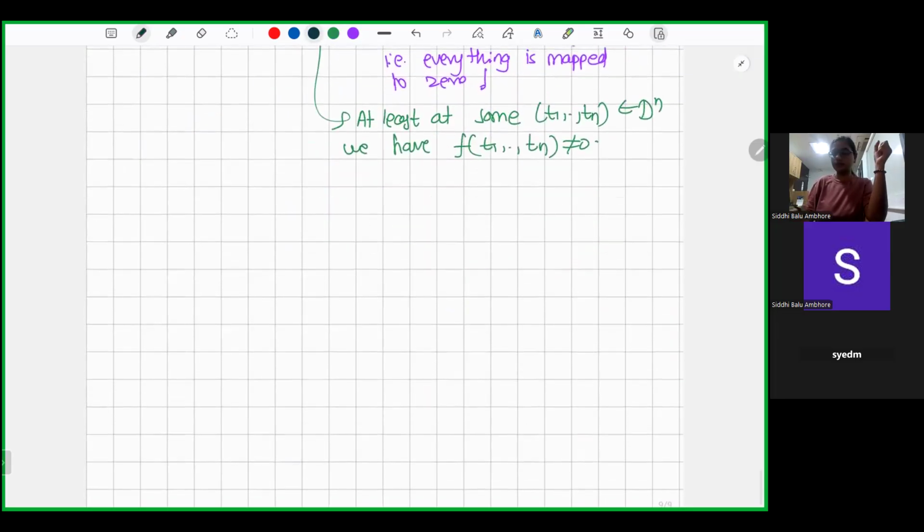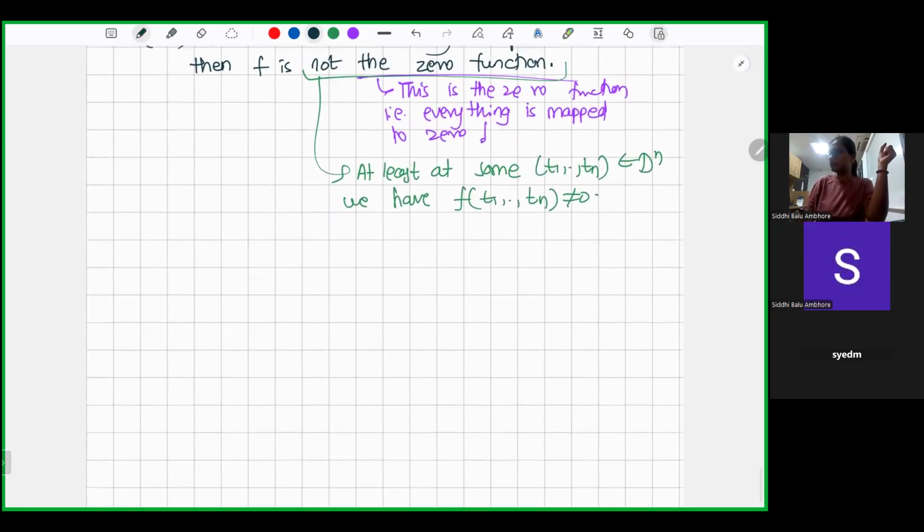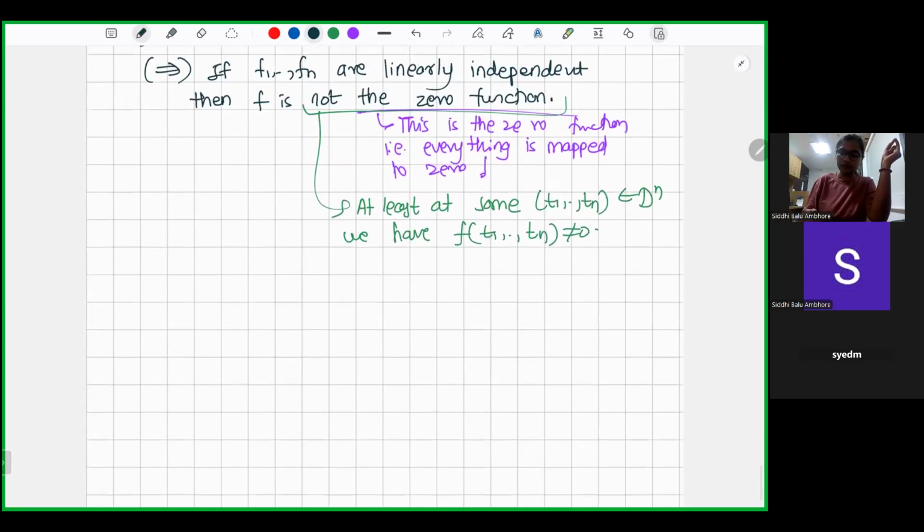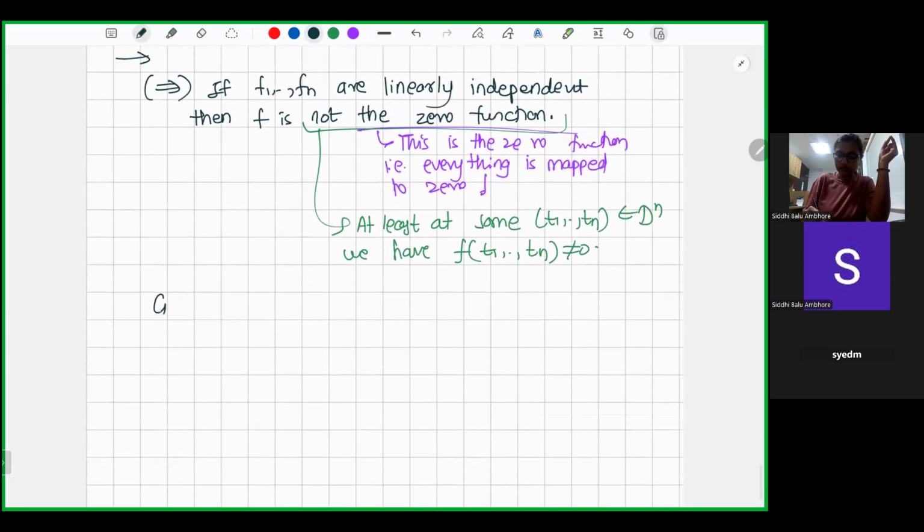So let us start. We are given that f1 to fn are linearly independent.